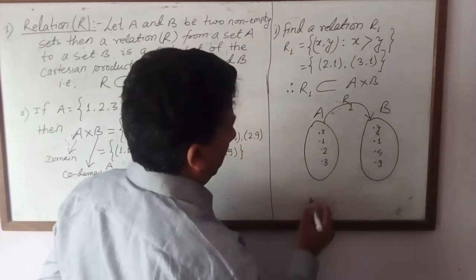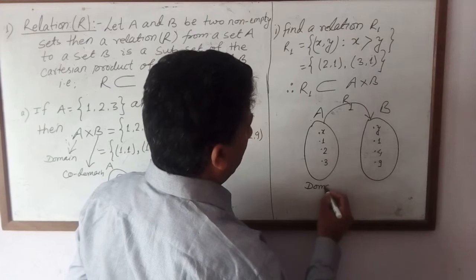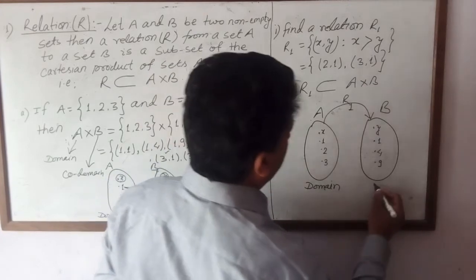This set A is known as the domain. This one is the codomain.